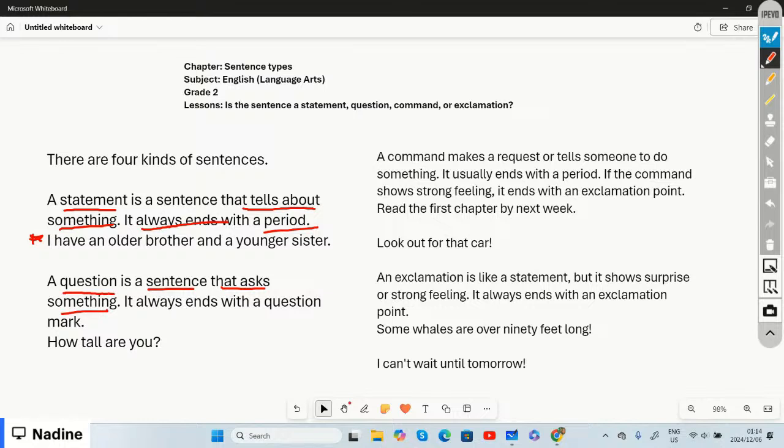And when it comes to a question, that asks something, a question always ends with a question mark.